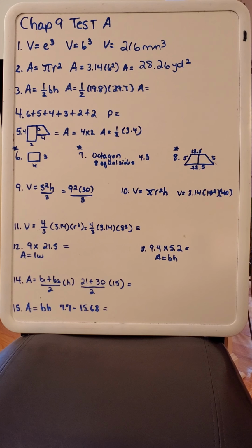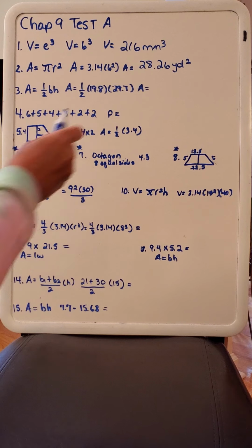Number 3 asks us for the area of a triangle. The formula is area is equal to 1/2 of the base times the height. So we are going to do 19.8 times 29.7 and take half of that, and that is going to be 294.03.